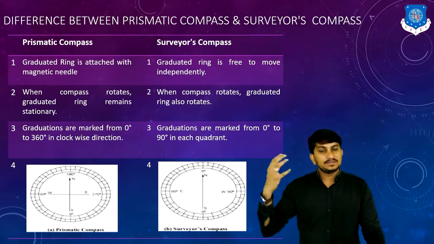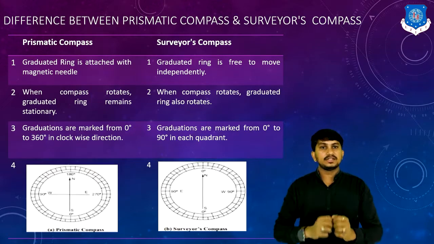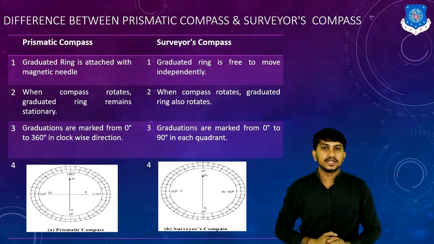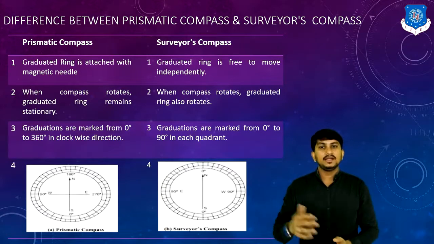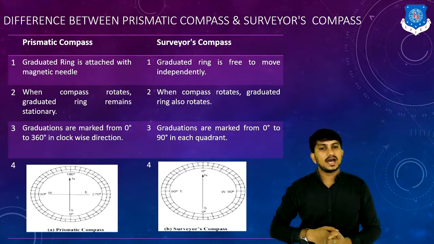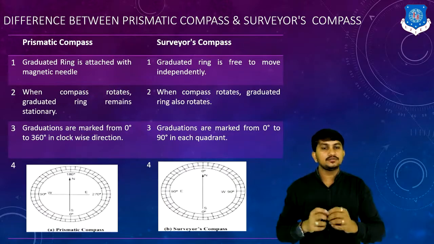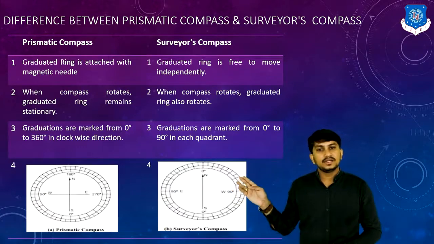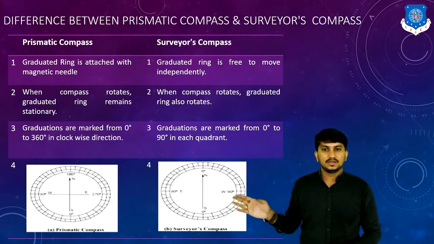Third, in prismatic compass, graduations on graduated ring are between 0 degree to 360 degree in clockwise direction, while in surveyor's compass, graduations are marked from 0 degree to 90 degree in each quadrant. Here you can see the exact graduations of prismatic compass and surveyor's compass.